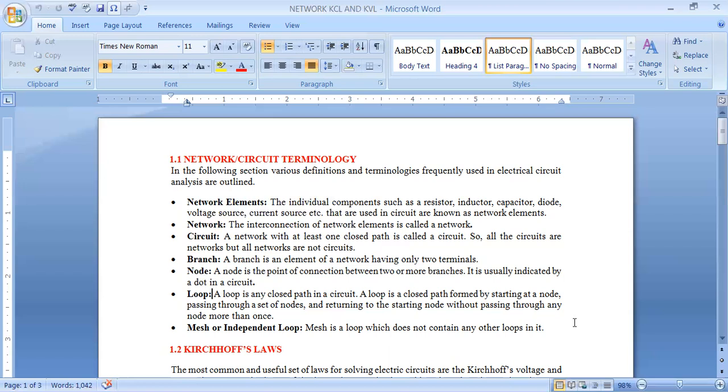We study the statement, and we have to satisfy the statement, KVL and KCL. So I will ask you some questions on this one.